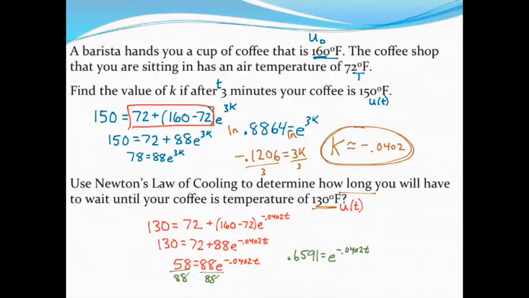And once again, to get rid of my base of e, I'll need to do the natural log of both sides. This works out to be about negative 0.4169. Again, you can double check me on your calculator, of course. And then natural log of e cancels out, so negative 0.0402t. And finally, dividing by that constant, I get a time that it will take my coffee to cool off of approximately 10.4 minutes.